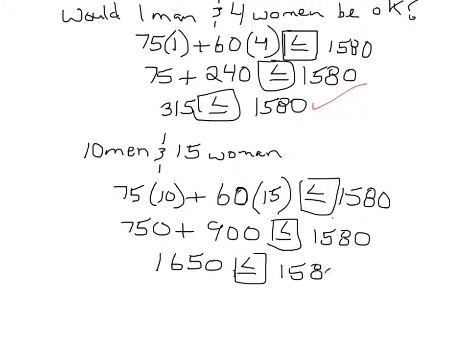Is 1,650 less than or equal to 1,580? No. So this one does not work. 10 men and 15 women would not fit in this elevator, but 1 man and 4 women would definitely fit. You could check any of the possible solutions, and you'd be able to work with it, no problem.